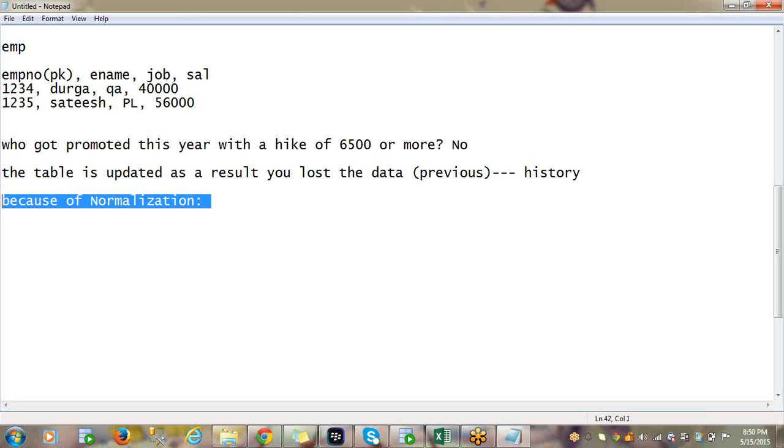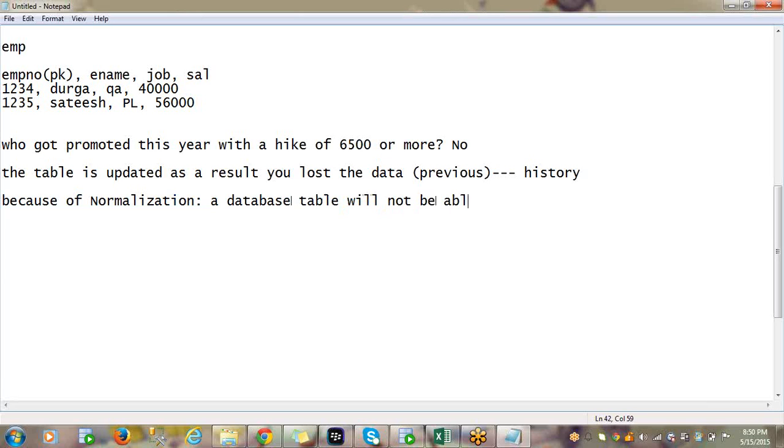So because of this normalization, a database table will not be able to provide analytical information.